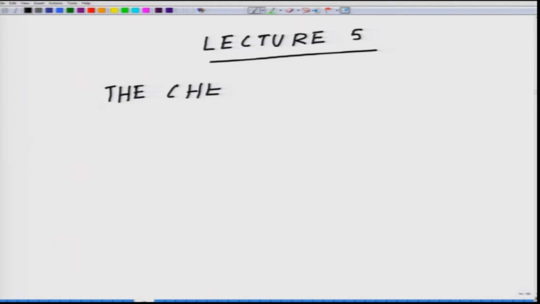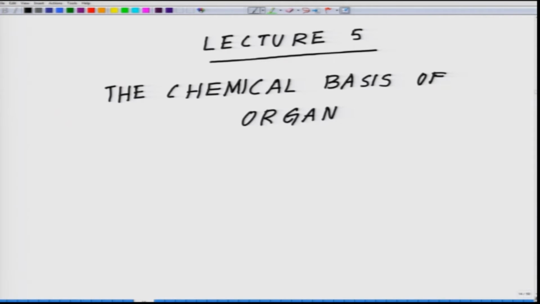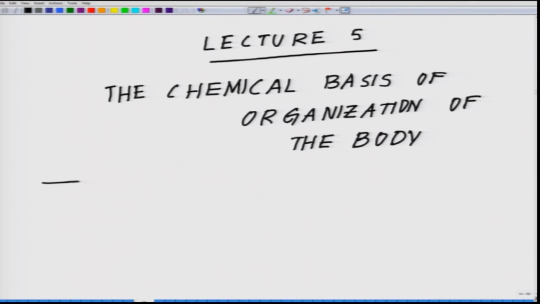So, in these 3 sections, I will brush up your basics, the chemical basis of organization of the body.